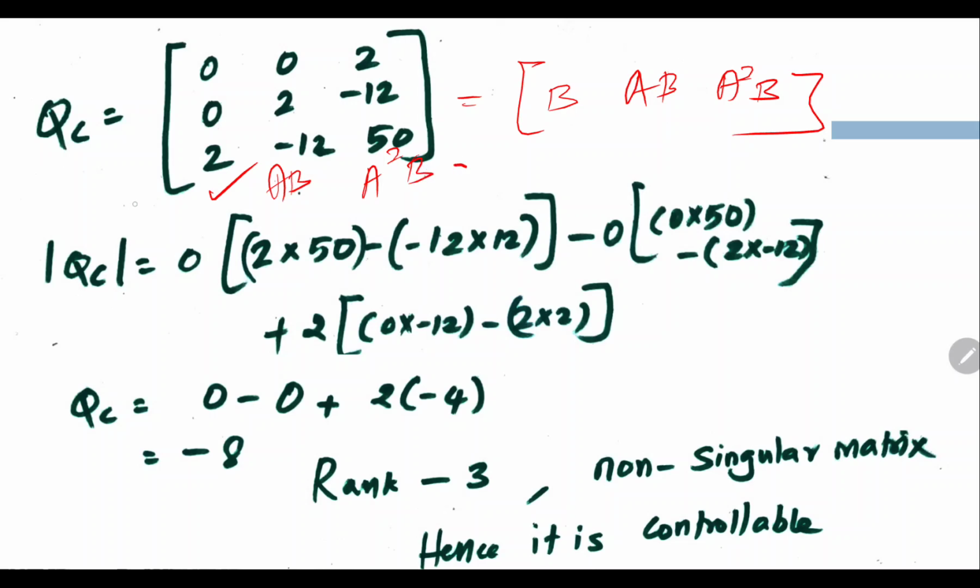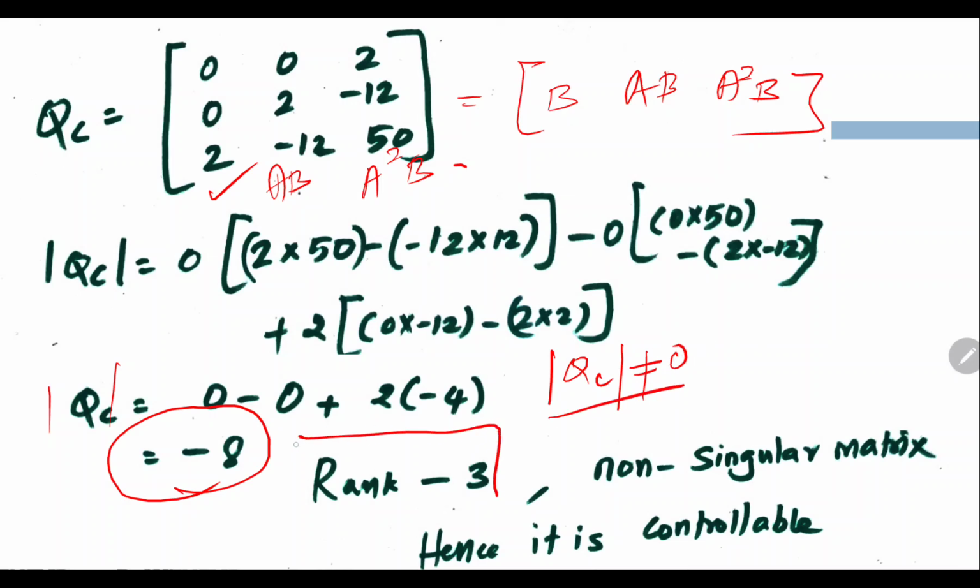Now we have to find the determinant of this matrix, and it is equal to minus 8. Okay, hence the magnitude of QC is not equal to 0. Hence we can say that the rank of this matrix is equal to 3.